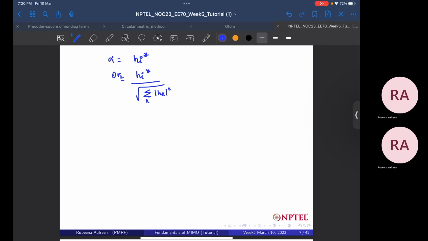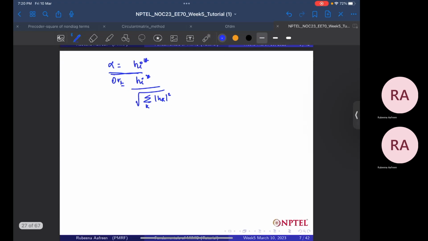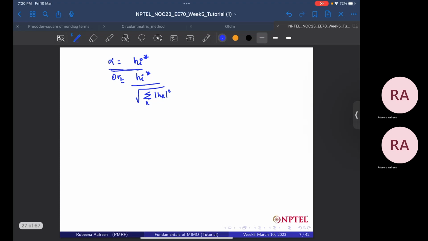For error probability, this one works, so this one is fine, we can use it. But for decoder design, we want less complexity, that is, we want less magnitude to multiply with it. So then we will use the lower one. So this is used for error probability. This is used for decoding. Okay.